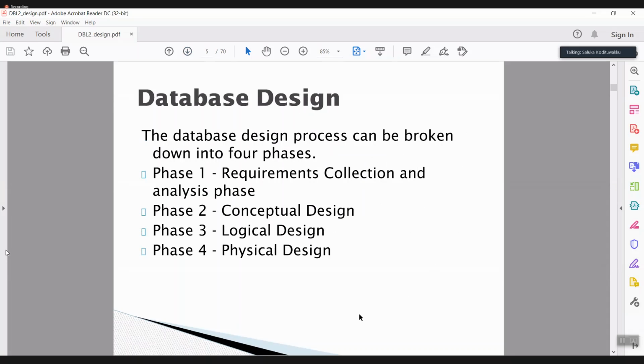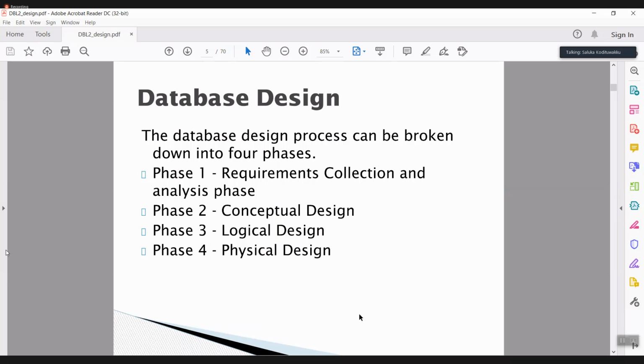In general, to come up with a good database design, we go through 4 phases. The first one is requirement collection and analysis. Before we construct the database, what we are given is a part of the real world, a mini world, and we are asked to design the database.